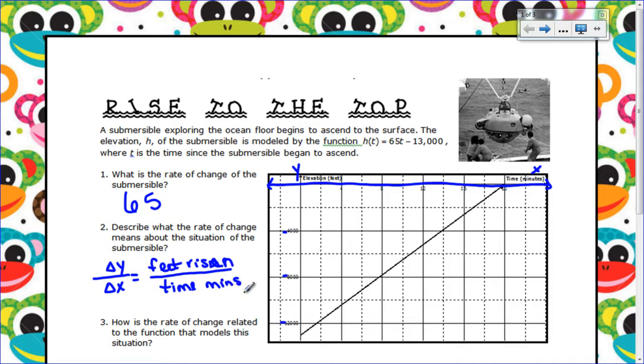If I'm going to describe what this slope means, remember this is the same as 65 over 1. So what this means is that my submersible rises 65 feet every minute, for every 1 minute. I ran out of room to write because I've squished so much in there, but my slope means that this submersible rises 65 feet every minute.